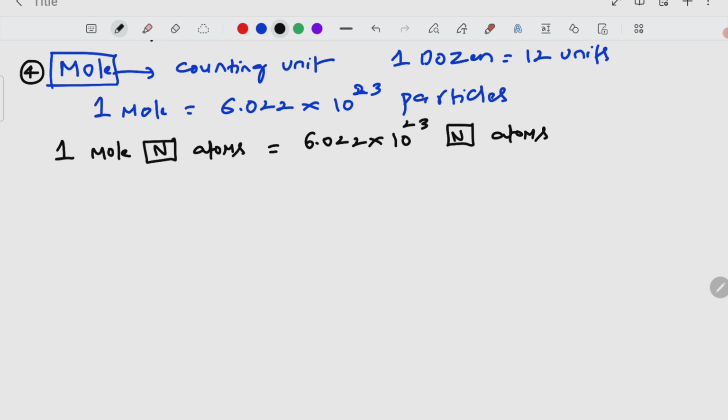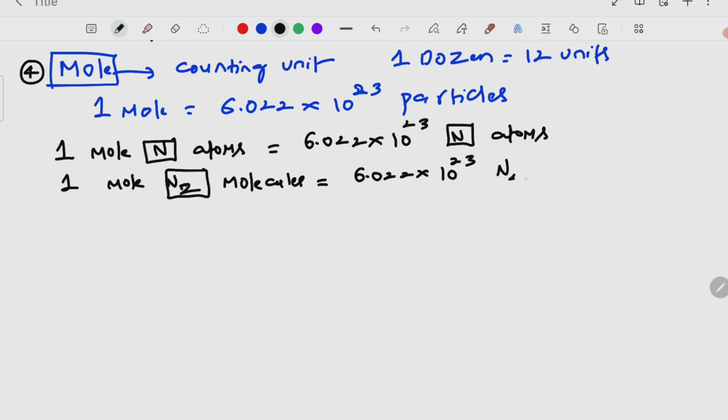If I write 1 mole N2 molecules, it is equal to 6.022 into 10 power 23 N2 molecules. So you can write in any way, 1 mole of O2 molecules, 1 mole of oxygen atoms. So 1 mole means 6.022 into 10 power 23 particles.